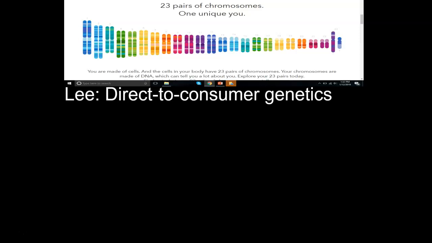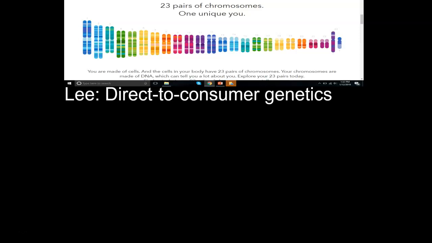It's services like 23andMe, for example, where, and some of you may have done this or known people who've done it, you basically spit in a tube and send a sample of your DNA to this company and they do a genetic profile, which can tell you things about a variety of aspects, including things like your heritage, but can also give you a genetic profile of your health status. So for example, if you have any markers that would predispose you for certain diseases, etc.